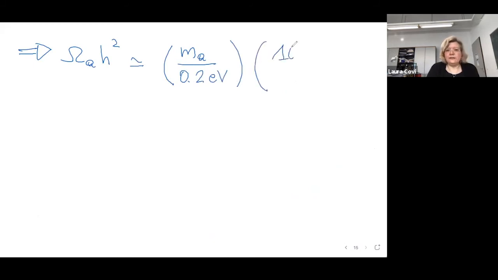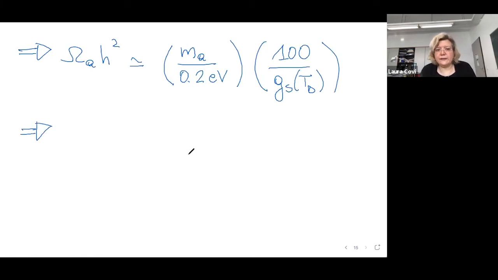Assuming you have 100 degrees of freedom, which is usually satisfied if you don't have anything else beyond the standard model. Of course, if you had additional degrees of freedom like supersymmetry, you could have a bit more, but that's more or less the ballpark number. So this means that you need a very small mass. Since you are decoupling very early as a relativistic particle, you get a huge number of particles.